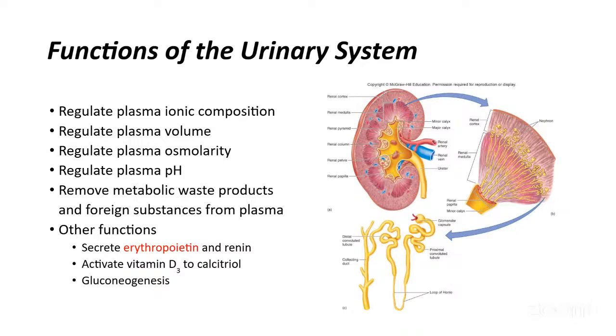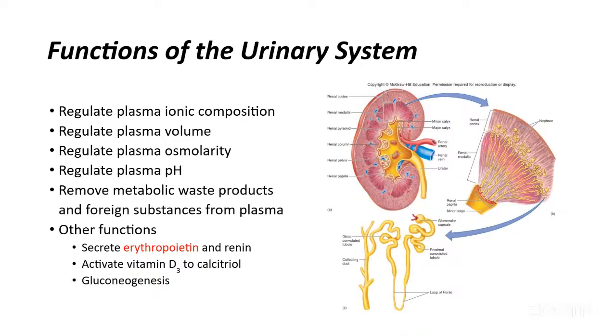We're also going to be regulating the composition of that plasma in terms of what ions are there, what the osmolarity of the plasma is, so what kind of pull on water we have in the plasma, so that fluid surrounding your blood cells. Your urinary system is also working to remove metabolic waste products. So all those byproducts that we get as we break down molecules, we do want to eliminate them from your body. So that involves your kidneys.